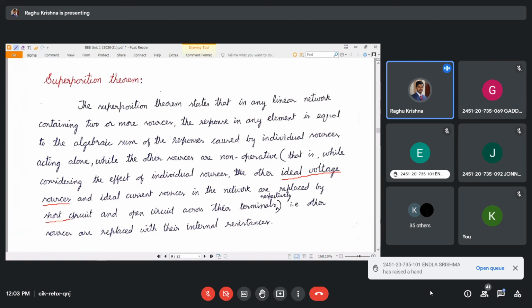That is short circuit. Short circuit means 0 ohms. And an ideal current source is open circuit. That is infinity. Open circuit means infinity resistance.